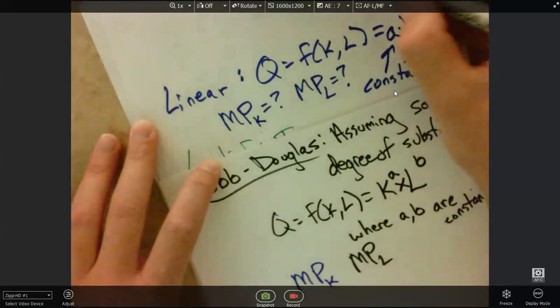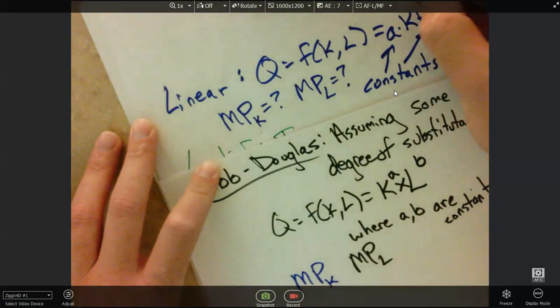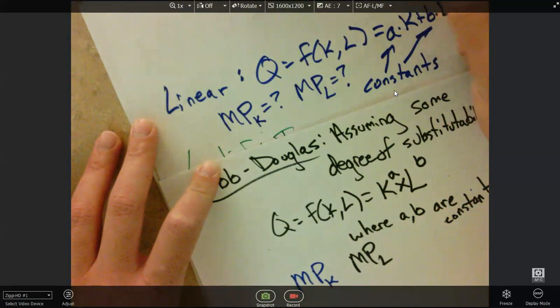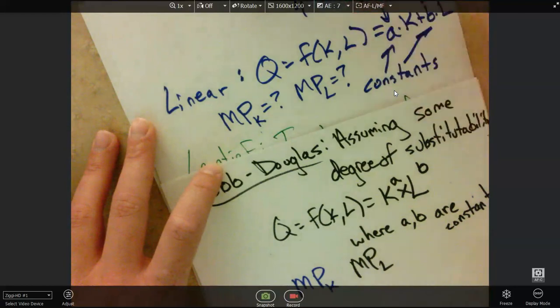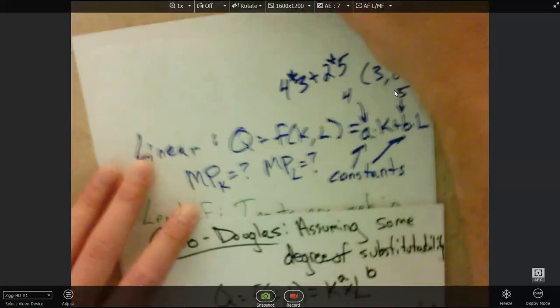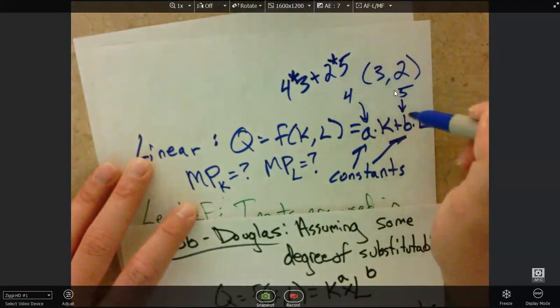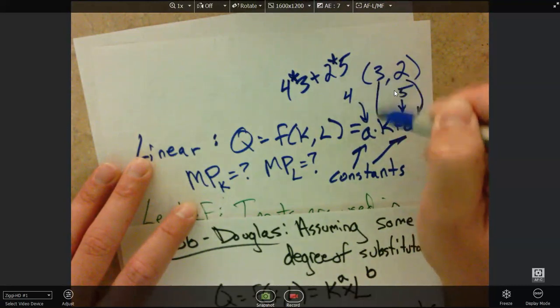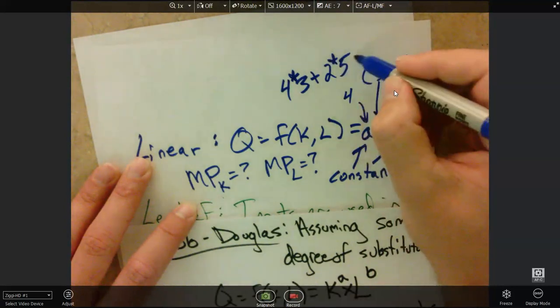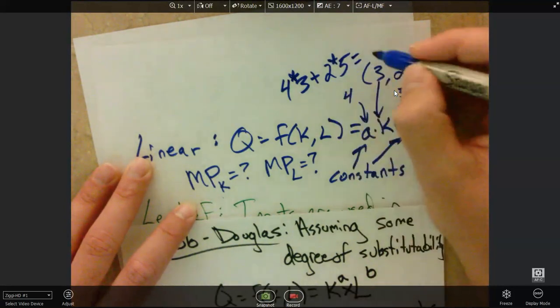So if I was using 3 units of capital and 2 units of labor, and let's say this is 4 and this is 5, then it ends up being 4 times 3 plus 2 times 5, because I'm just doing B times the L, and A times the K. That gives me 12 plus 10, which is 22.